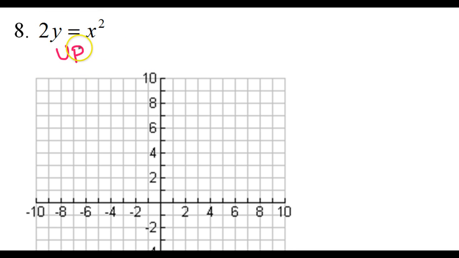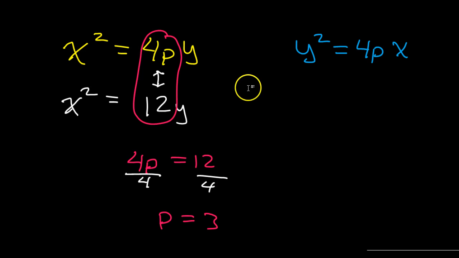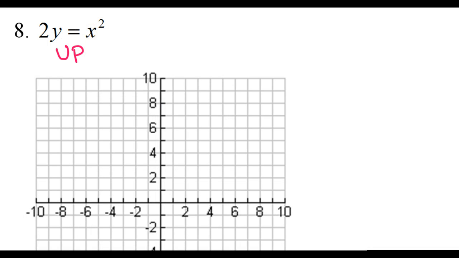Now, in this new way of writing the model, we always have the squared variable first. So let's go ahead and write this in the new way, where we start off with the squared variable. So I'll have x squared is equal to 2y, like that.